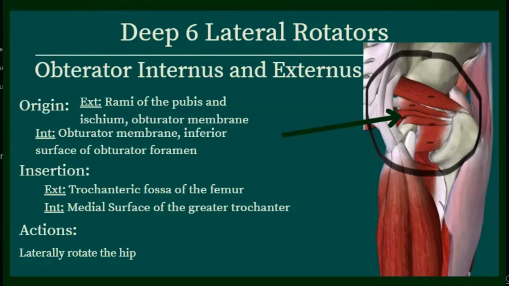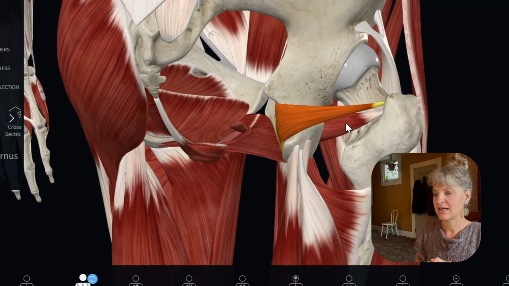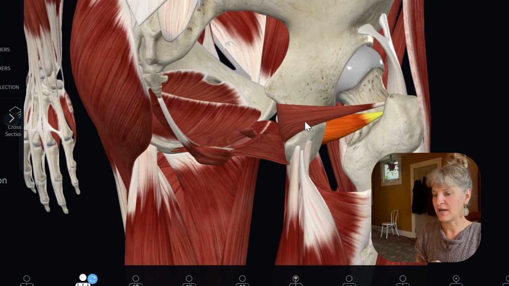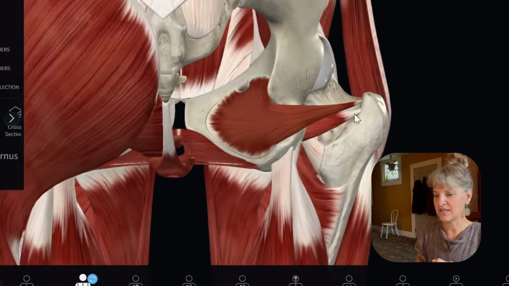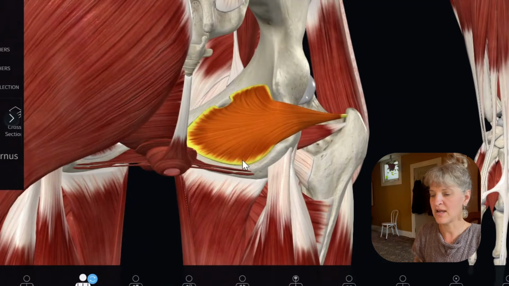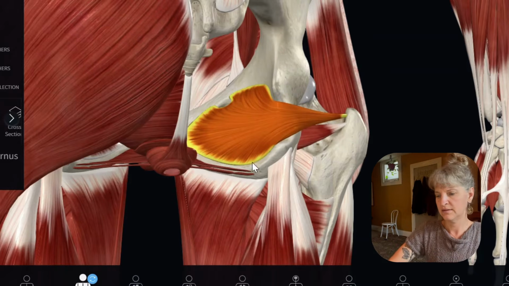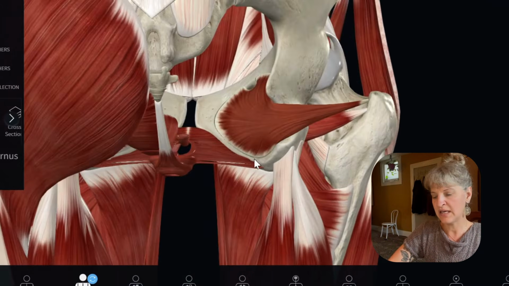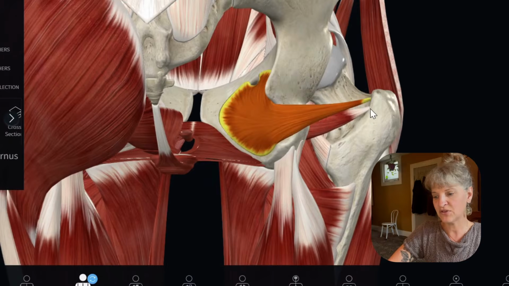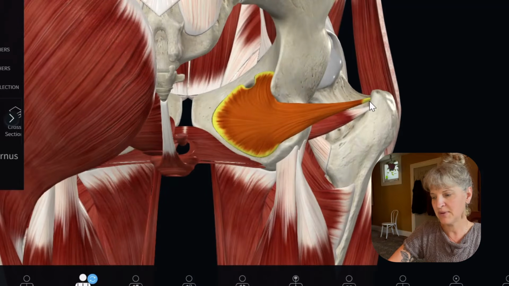And then the obturator are separated by internus and externus. So the internus one is going to attach to the obturator membrane that's deep inside the hip, and the inferior surface of the obturator foramen. And that internus is going to be attaching to the medial surface of the greater trochanter, right there.